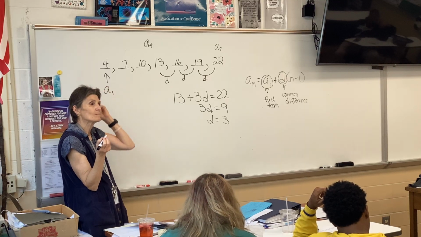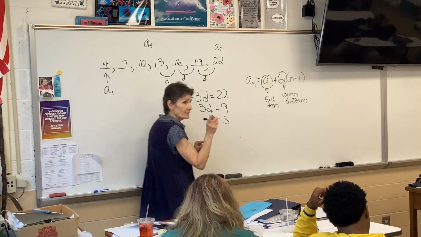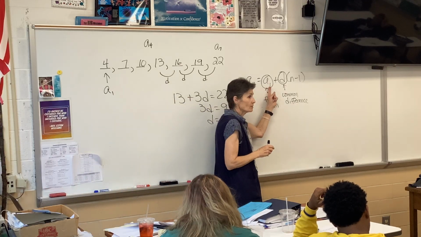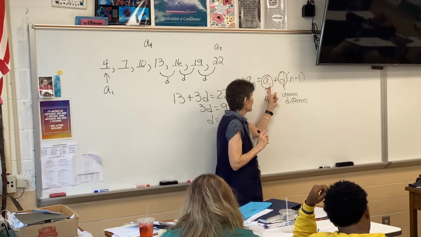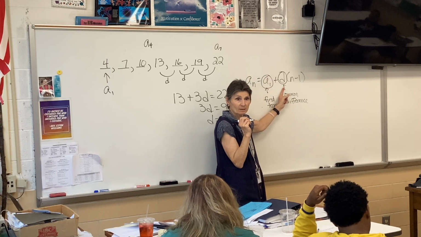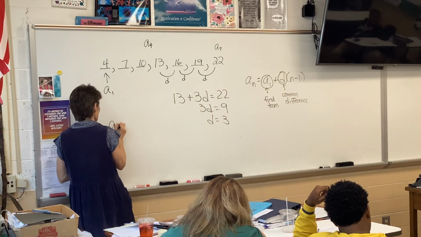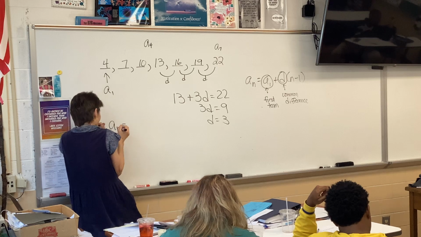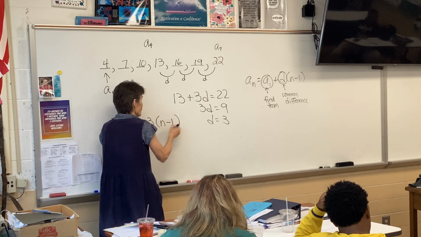Okay? Now remember your formula. To write the formula, you need to know the first term, which we do, is 4, and you need to know the common difference, we do, it's 3. So our formula for this sequence, excuse me, is 4 plus 3 times n minus 1.